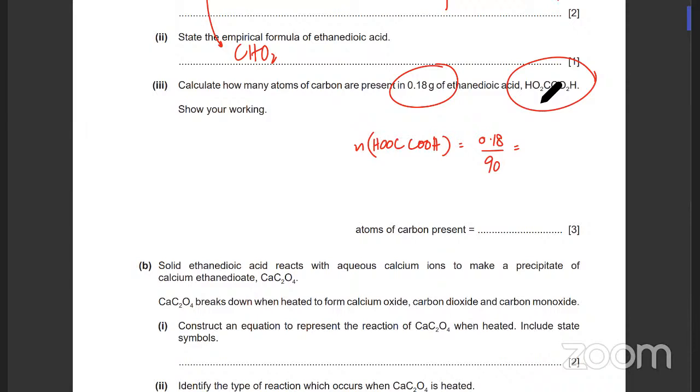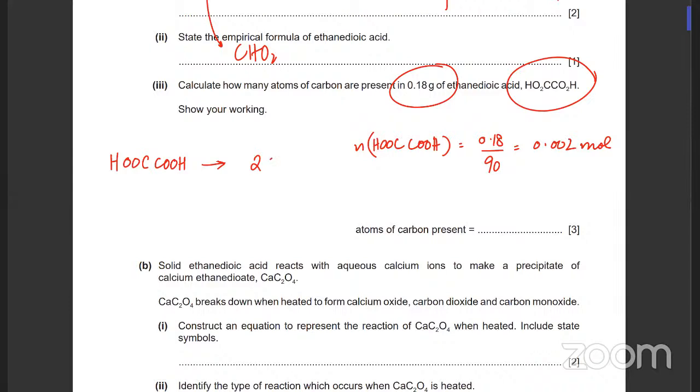Did anyone try this? 0.002. So you're getting 0.002 moles, right? So I've got this molecule now. One molecule has how many carbon atoms? It's got 2 carbon atoms, right?